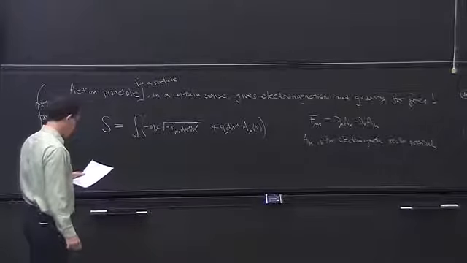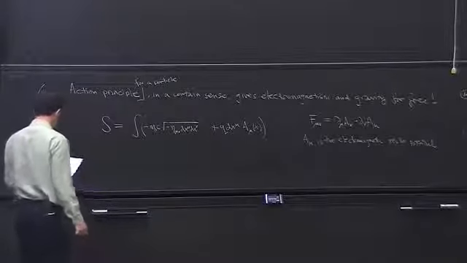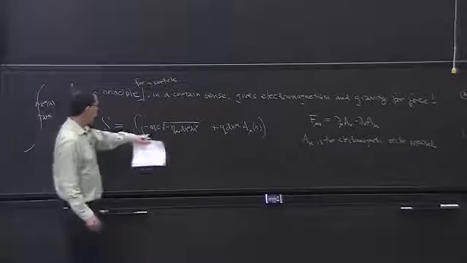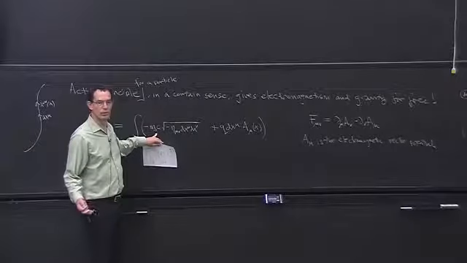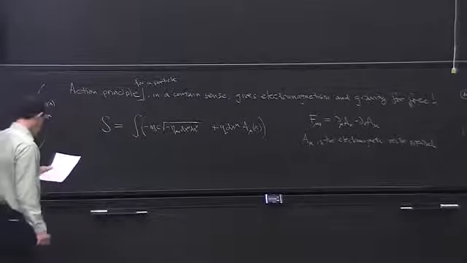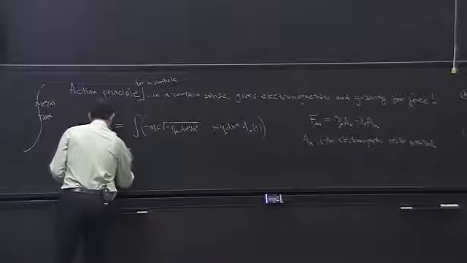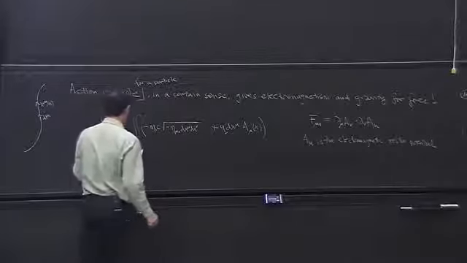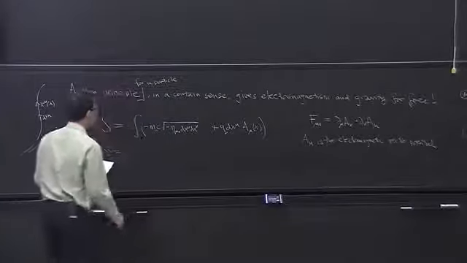So that's obviously Lorentz invariant. And let's just check this. So it should be true that when I vary this action, I get the Lorentz force equation, right? And so let's vary it. So delta S is equal to, and now I'm going to leave off the naught index on m.